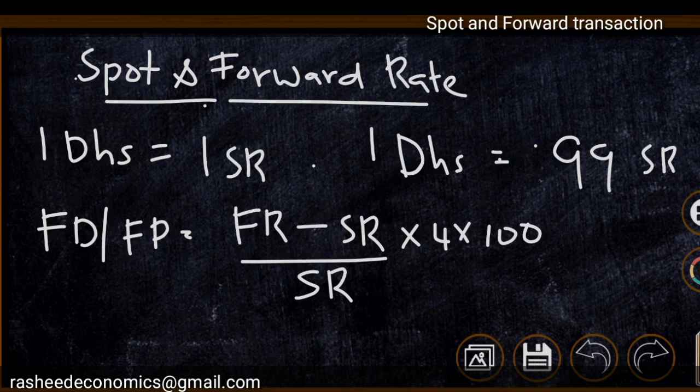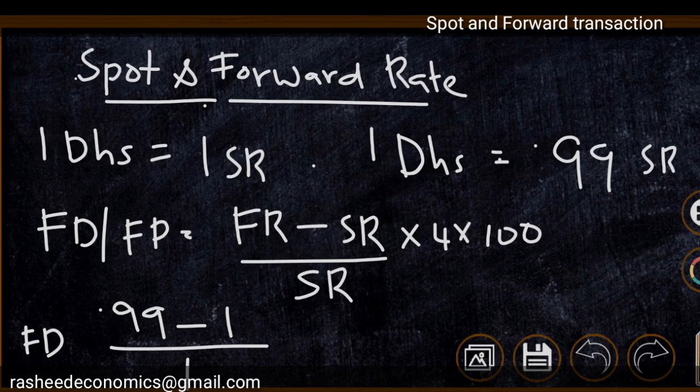Therefore, we can write the numerical values as 0.99 minus 1, that is the forward rate 0.99 minus 1, the spot rate, because in the spot rate 1 dirham is equal to 1 Saudi Riyal, divided by the spot rate, that is 1, into 4 into 100.